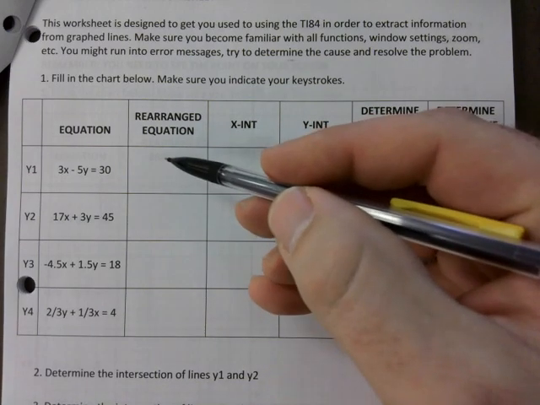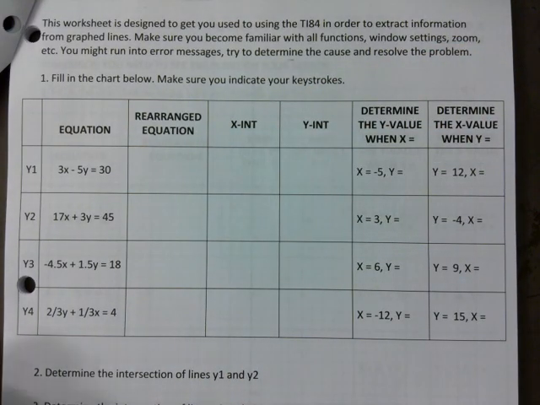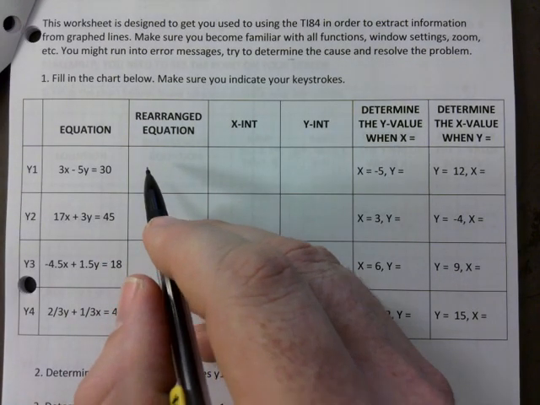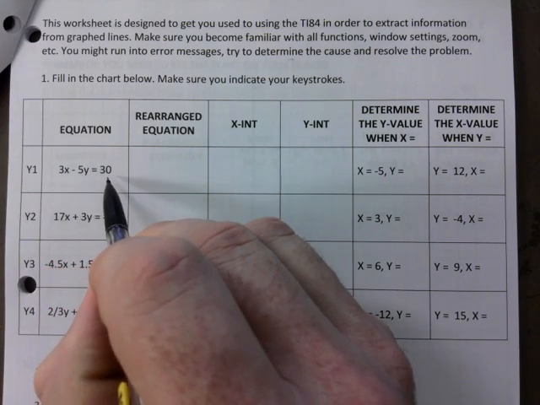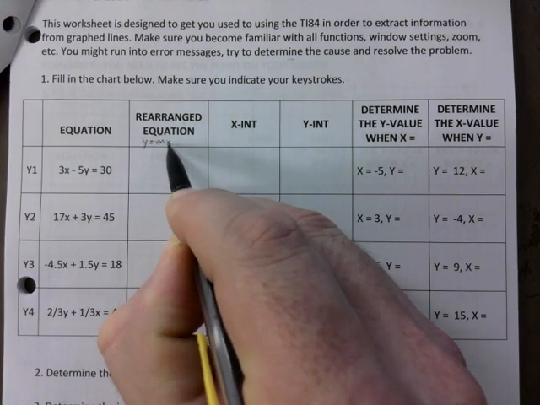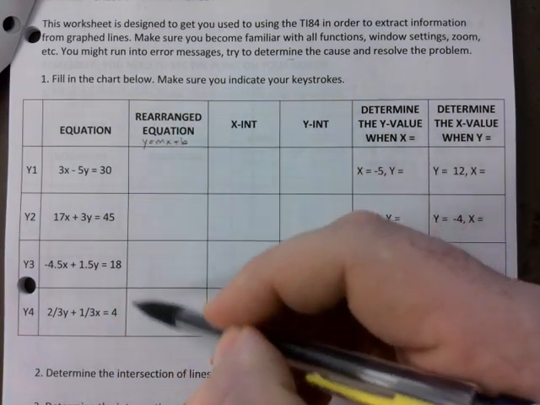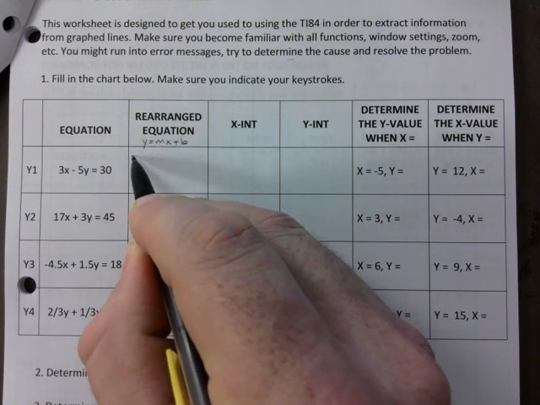So I'm going to rewrite this for you real quick. So go to page 12. So you just have to copy, right? As long as you copy, you're in business, okay? So this is kind of how I want the equation, but I need to rearrange it into y equals mx plus b because all of these are going to end up on our calculator. So I'm going to show you how I do this.